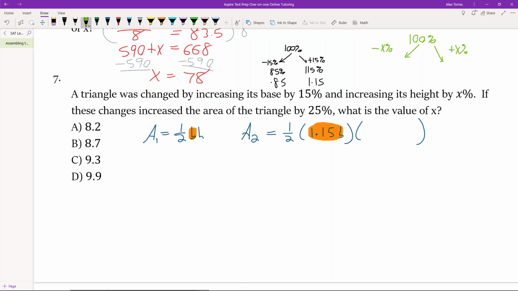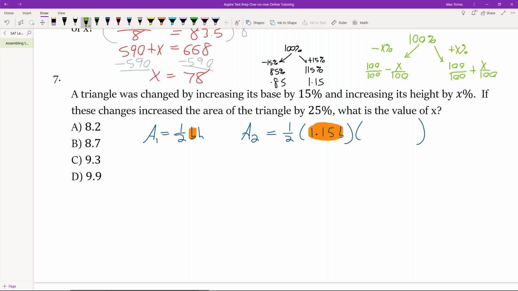So let's just think about what 100% is. Percent means over 100. So another way to say 100% is to say 100 over 100. And if we're taking away x percent from that, we're taking away x over 100. Similarly, on the right, if we're adding x percent, we have the 100%, which is 100 over 100, and we're adding x over 100 to that.